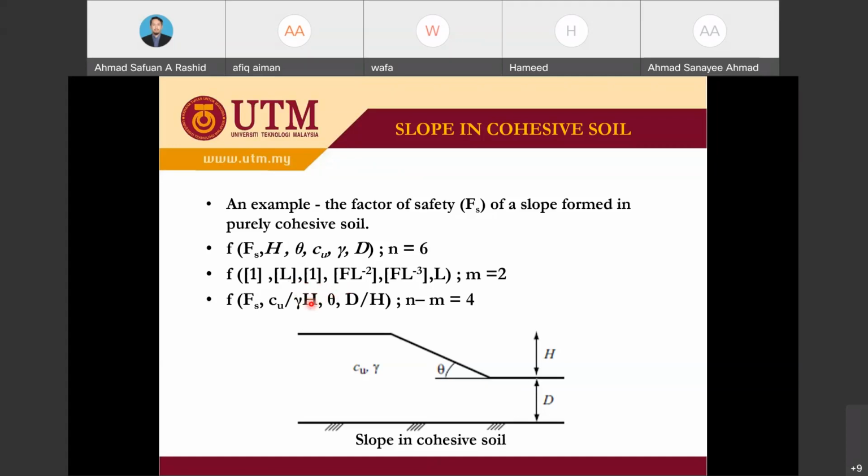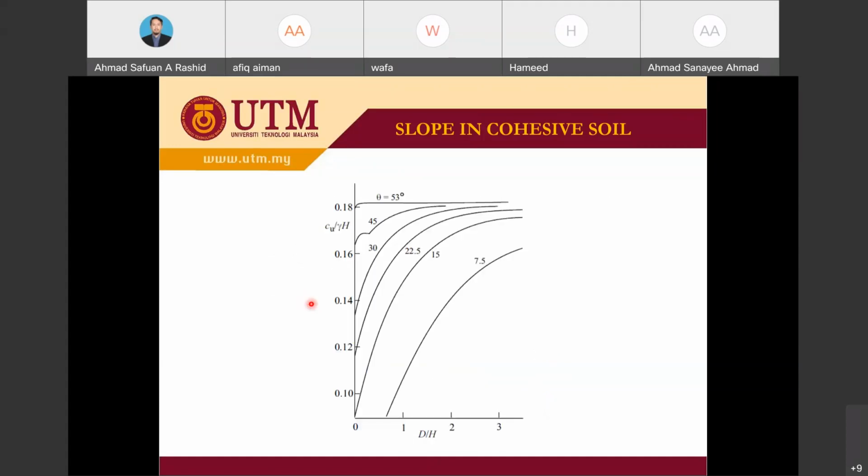From this dimensionless equation, they come up with what we call the Taylor design chart. It is slightly different from the one that I showed previously. However, the idea here is we want to produce what we call a dimensionless chart.